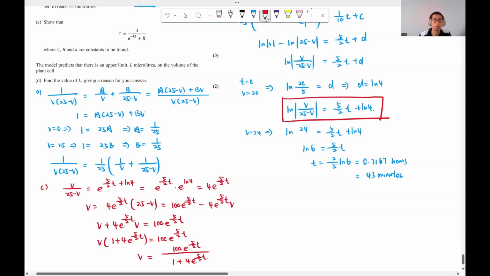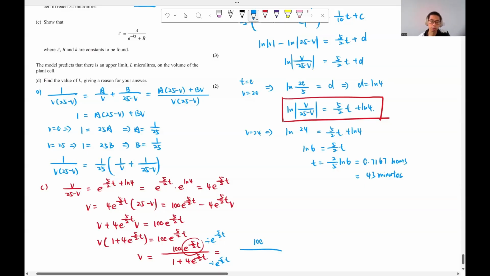And they only want a constant on top, so we need to find a way to cancel that. So we just divide by e to the power of 5 over 2t for both top and bottom, meaning we need to divide each one of them. So 100 e to the power of 5 over 2t divided by e to the power of 5 over 2t is just 100 left.